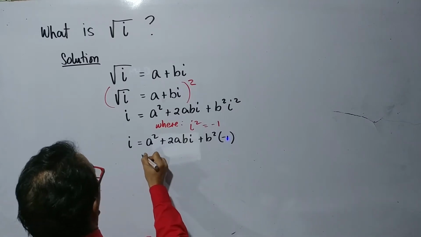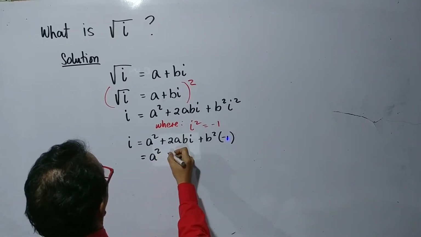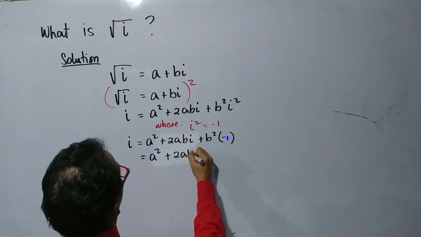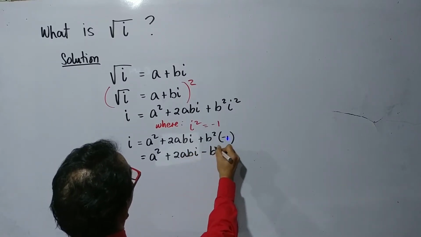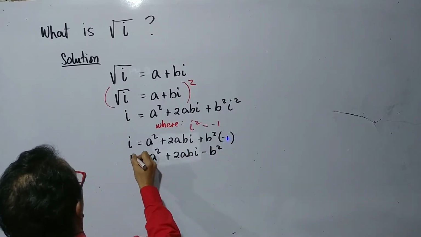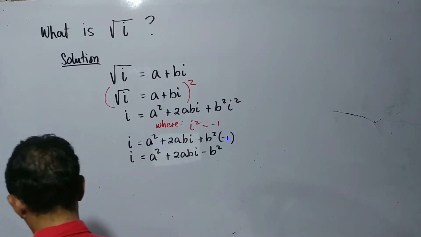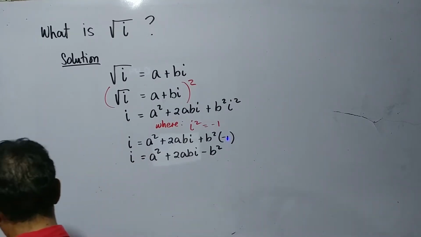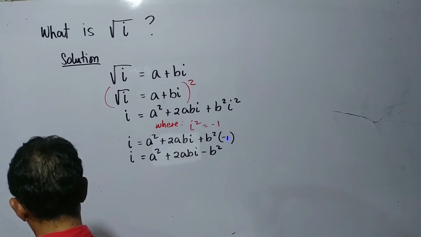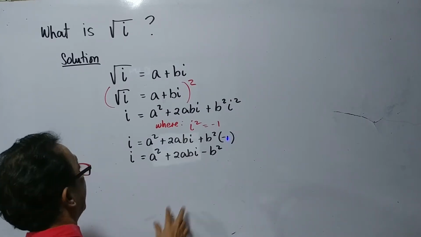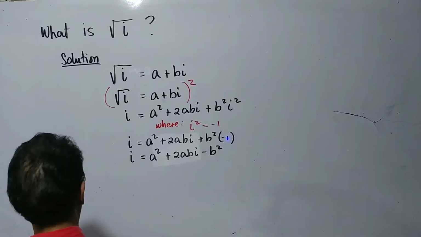So we have now a square plus 2abi minus b square. As you notice, we can rearrange.